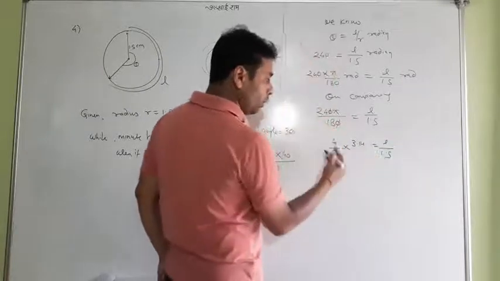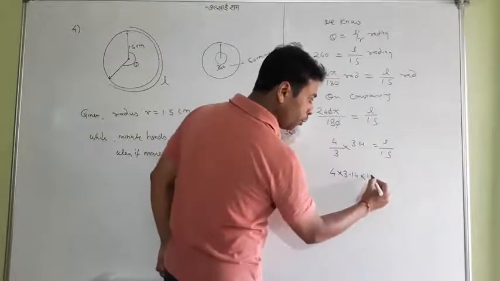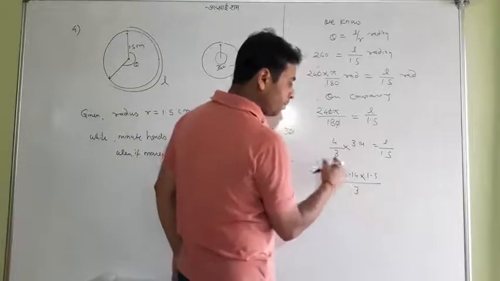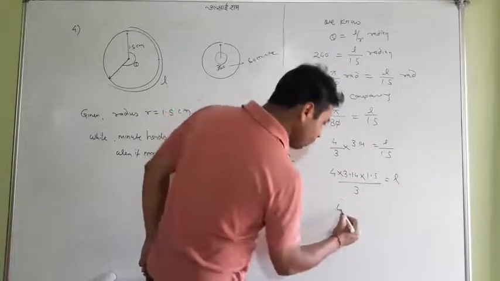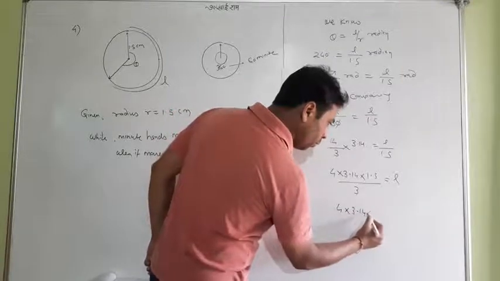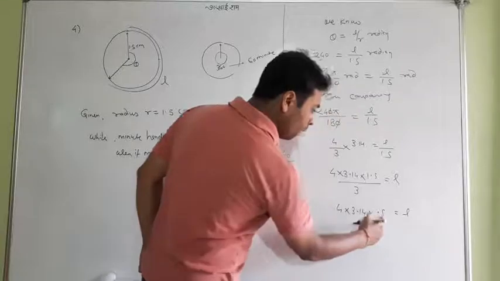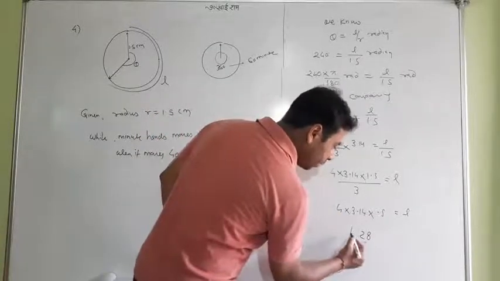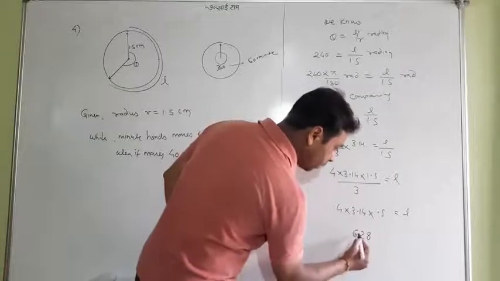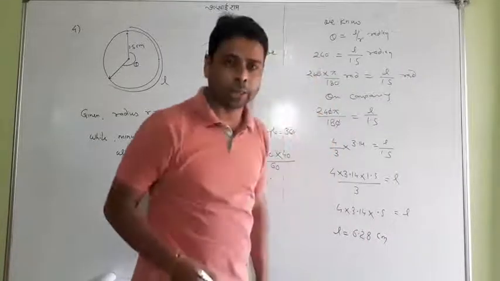Now turn 1.5 over: 4 into 3.14 into 1.5 upon 3 equals L. You can simplify it on your own. The answer is 6.28. So this is your L, the length of the arc, in centimeters.